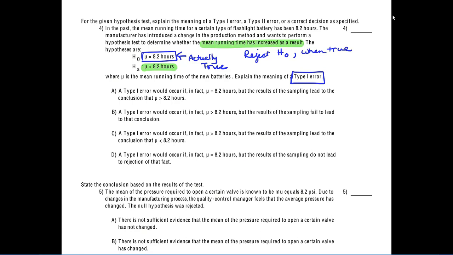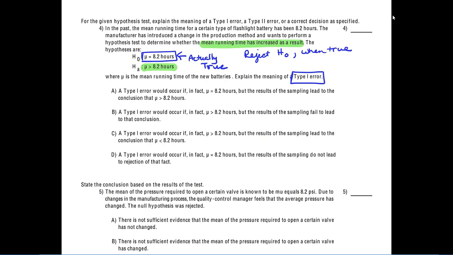Now I look at the multiple choice. I will tell you that when it comes to a type 1 and a type 2 error, in the assessment, this will always be multiple choice.